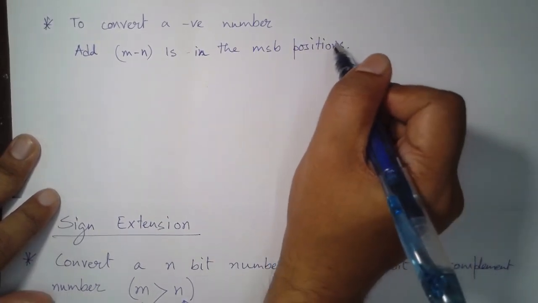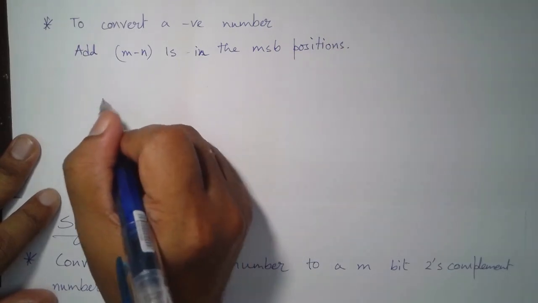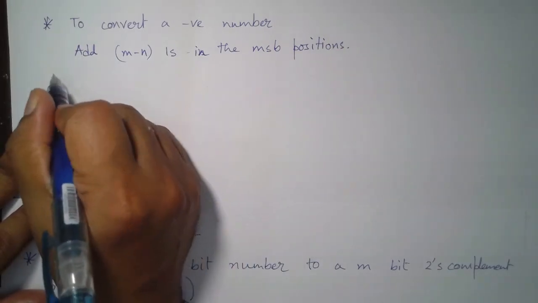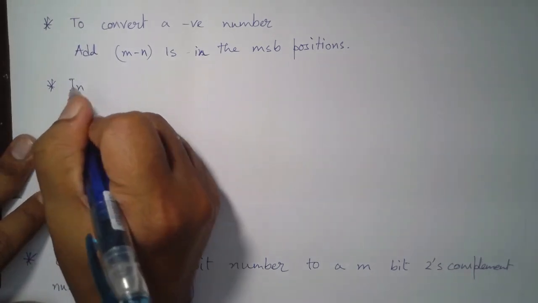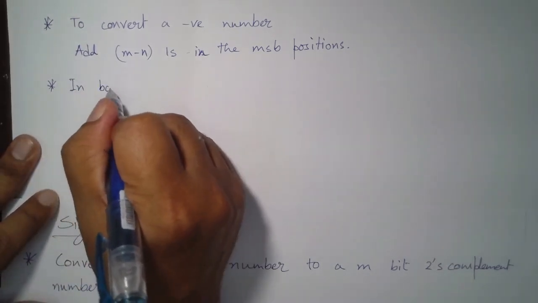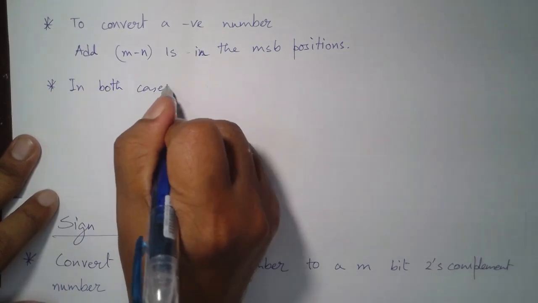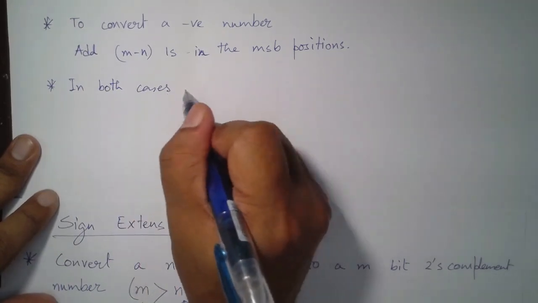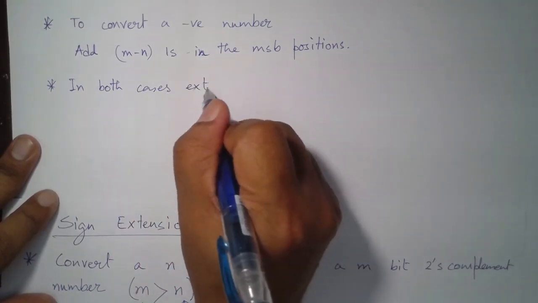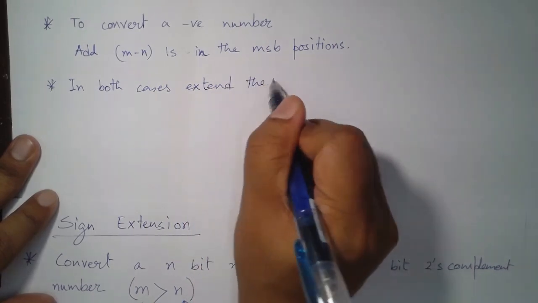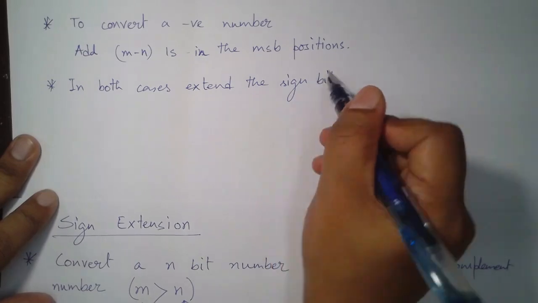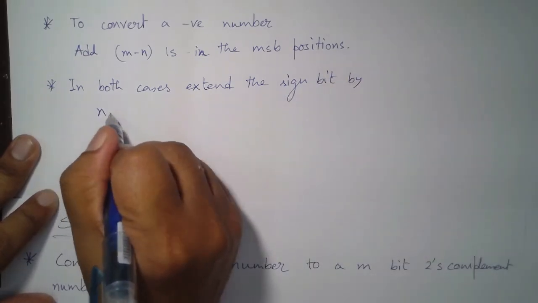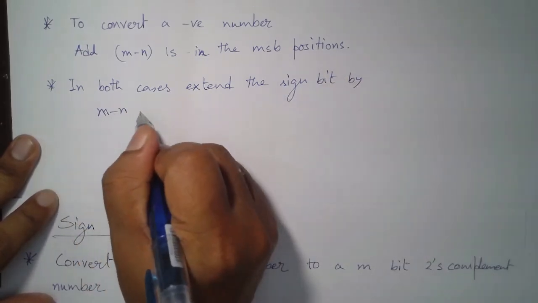Alright. And you can extend it further. You can say that, okay, in both cases, whether the number is positive or negative, extend the sign bit by m minus n positions.